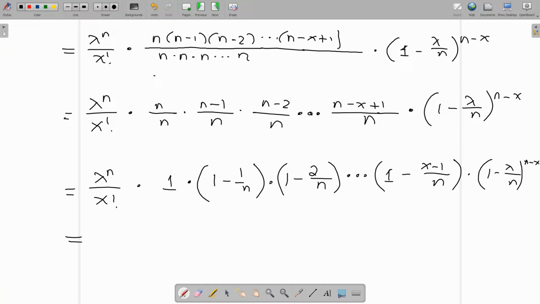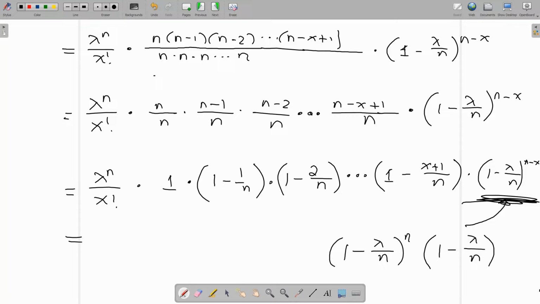Okay, so we need another page. By the way, we can write this whole expression as 1 minus lambda over n raised to n multiplied by 1 minus lambda over n raised to negative x.